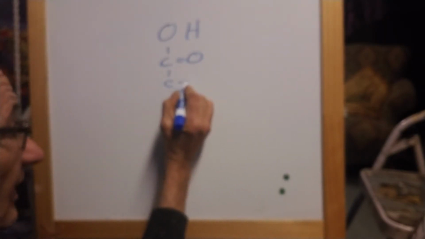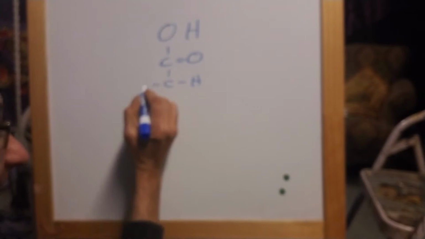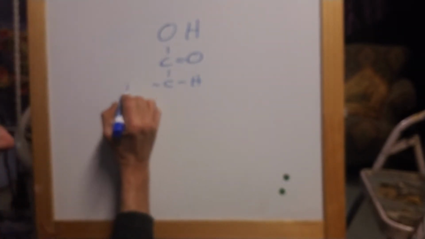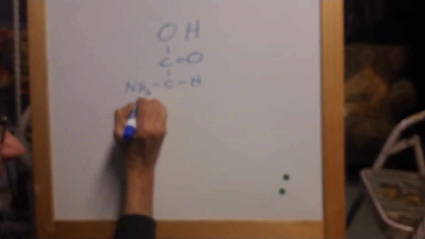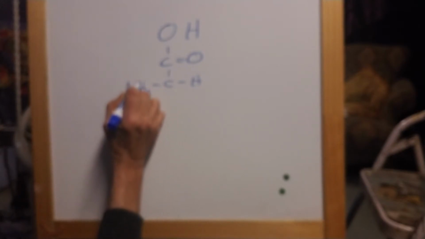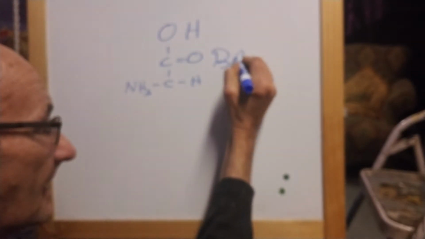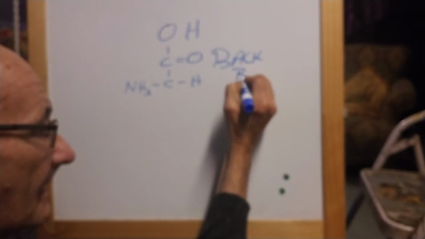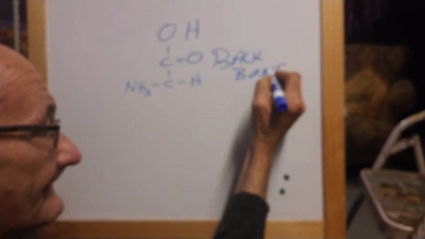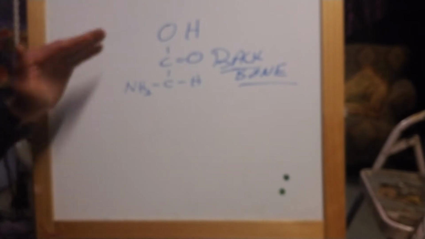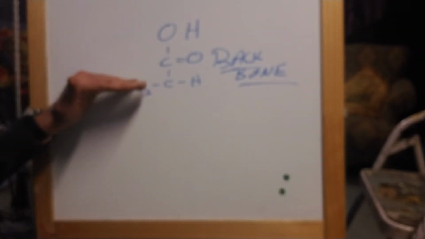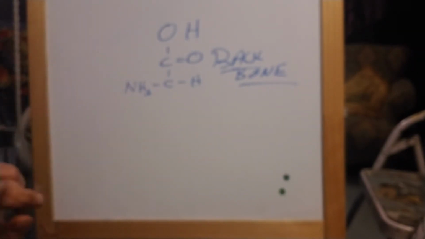This is attached to a carbon, which is attached to a hydrogen, and is attached to a nitrogen and 3 hydrogens. Actually, these 3 hydrogens are around the nitrogen. This is the backbone of amino acids. Every amino acid has this, no matter what they are. What determines which amino acid it is is what's attached here.